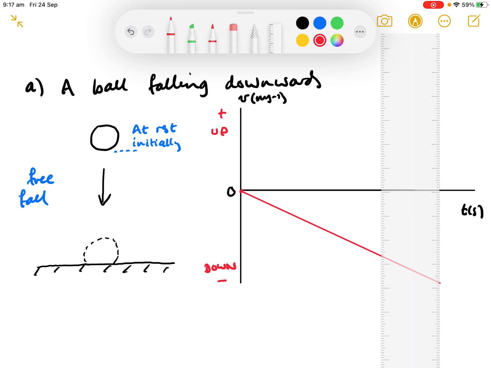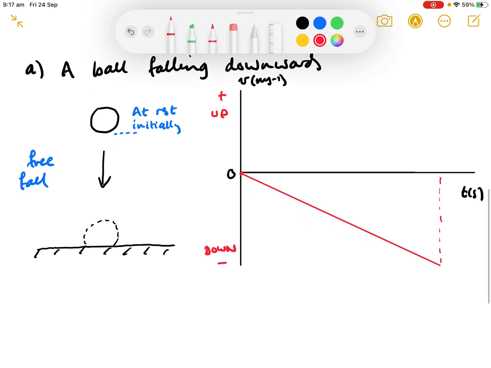Negative gradient means negative acceleration, but the actual sign of the velocity at all points in time is negative. So at all points in time, that ball is falling downwards.